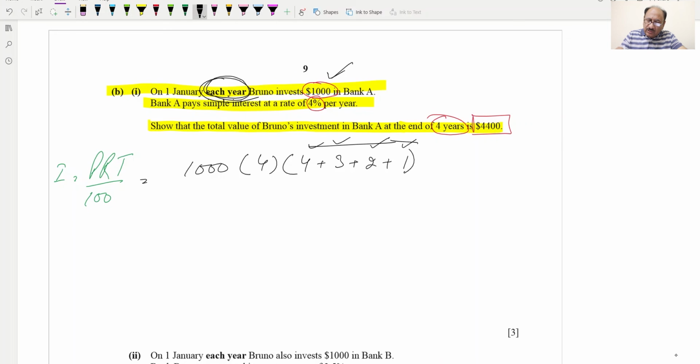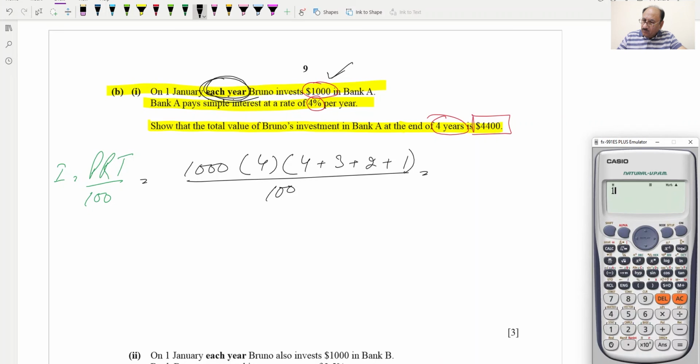So this will be the time duration which we have written, divided by 100, as per the formula, and this we can simplify. This will be 1000 multiplied by 4, multiplied by brackets 4 plus 3 plus 2 plus 1 bracket close, divided by 100, and this is equal to 400.